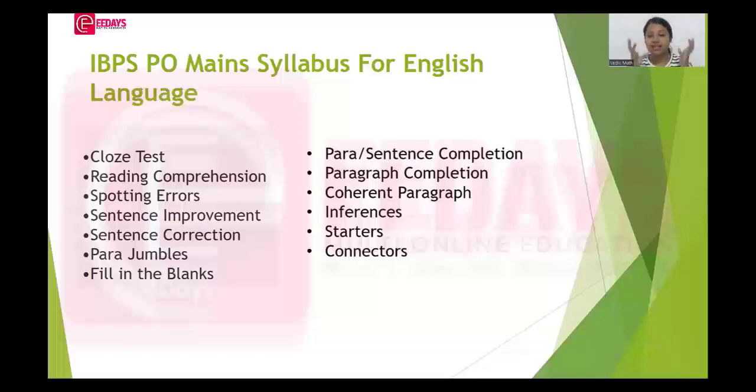It's mostly critical analysis rather than just picking up some answer. So to crack reading comprehension, you should have enough reading practice.